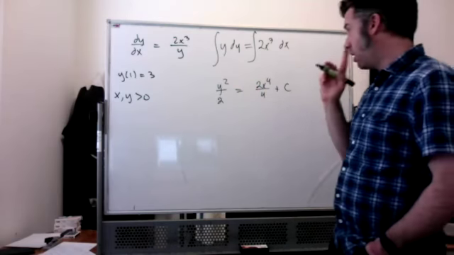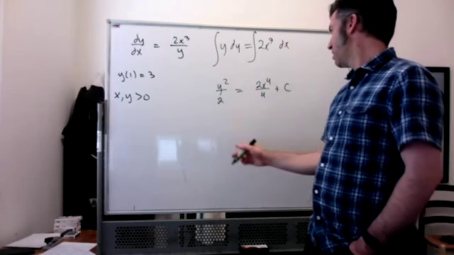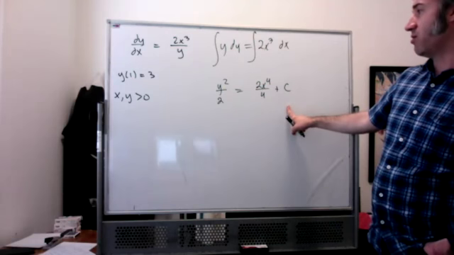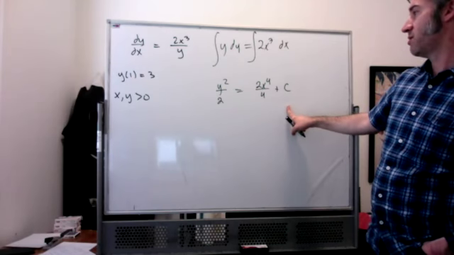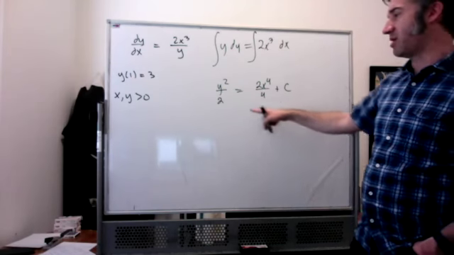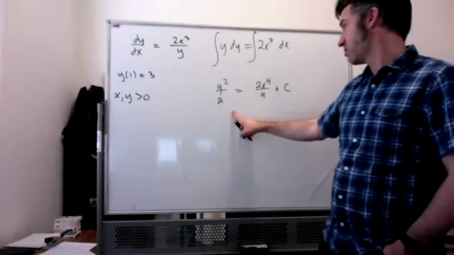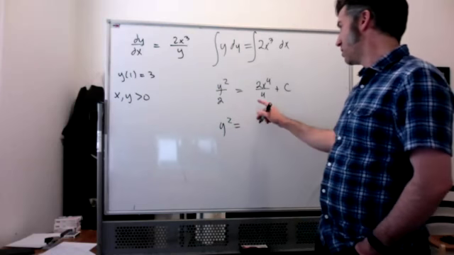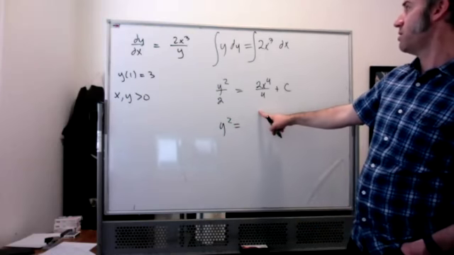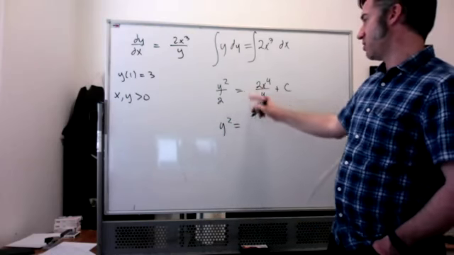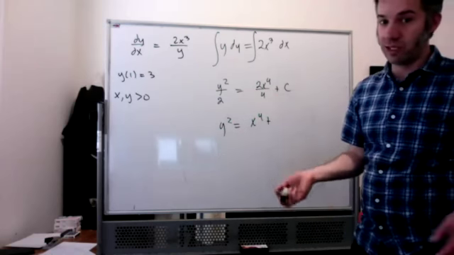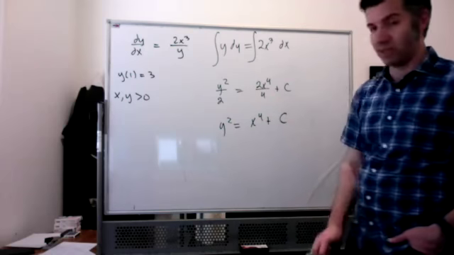So solving this, do we want to find c now? I don't know, probably not. I might at least multiply both sides by 2 first. So y squared equals, multiplying by 2, x to the 4th plus 2c, which I'm going to call c again.